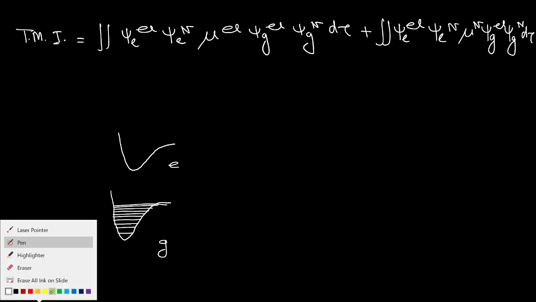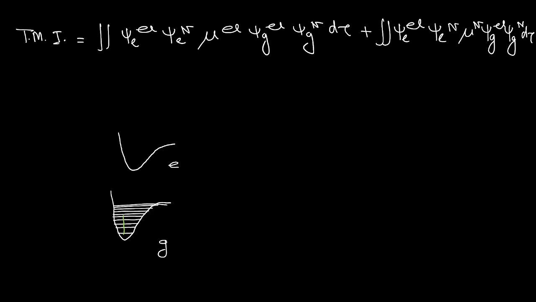Now if you want to excite it, it will be vertically excited to this level. So during excitation, your nuclear part doesn't change. What changes? The electronic part. So now it goes from the ground electronic state to the excited electronic state. Let me complete this.